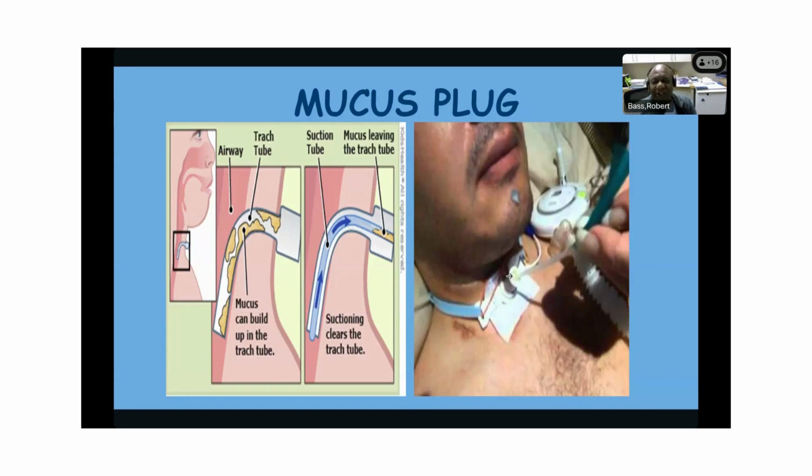Now, someone asked, what type of suction tubing are you using? This is a flexible, soft tubing, exactly, Marshall, AKA whistle tip, because once you start suctioning, you're going to hear a little whistling sound. This is a soft, flexible tubing that's used for this invasive procedure.